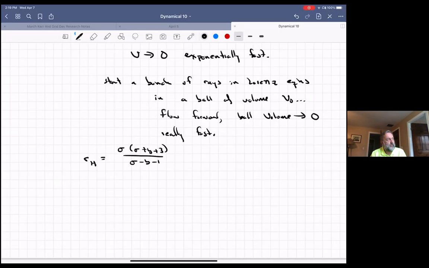And if R is less than RH, then there are, I think 2, right? 2 stable fixed points.